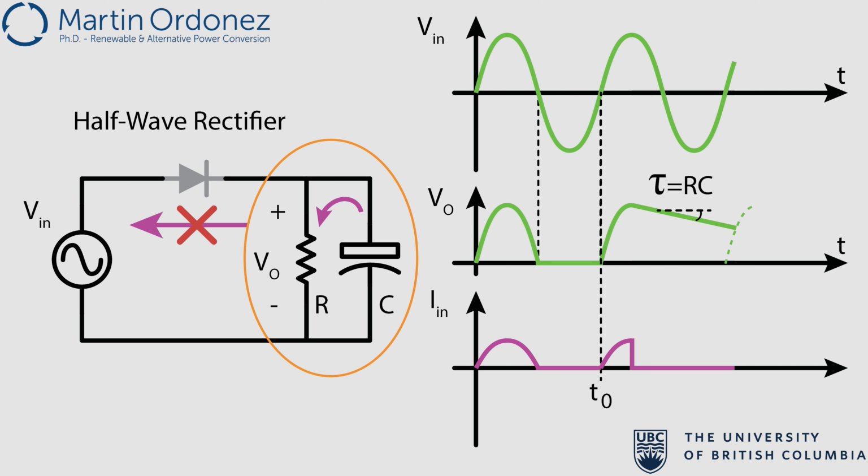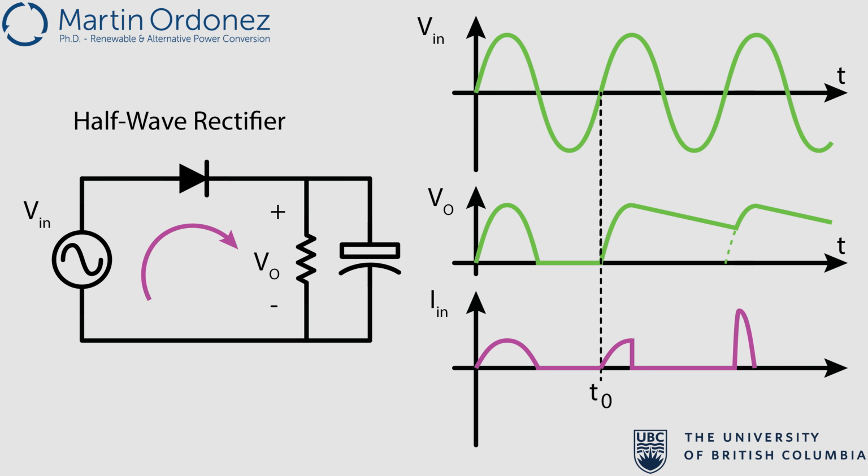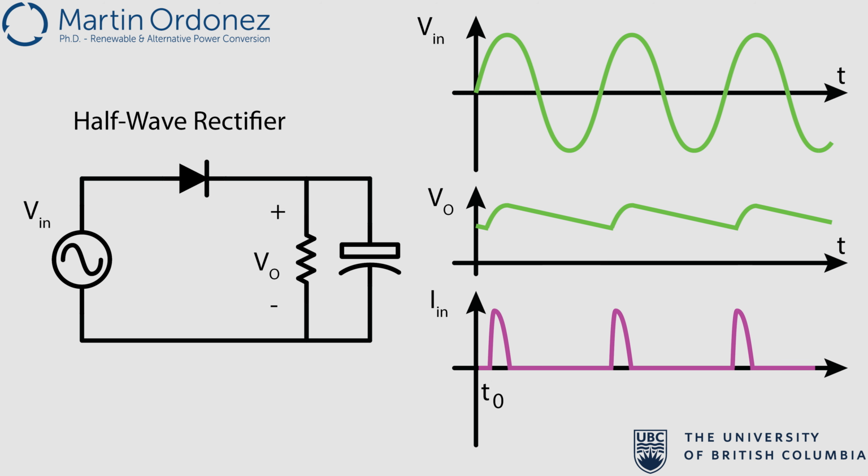During this whole diode off time, the output capacitor and resistor form an RC circuit with a time constant of RC, which results in discharging the output voltage, causing a voltage ripple. When the input voltage becomes higher than the output voltage, the output capacitor is again charged up to the peak of the input voltage, and after a few cycles, the output voltage will look like this with a voltage ripple of delta VO.